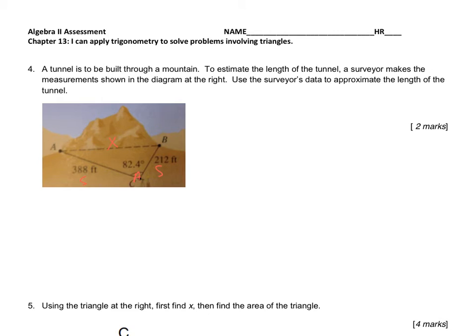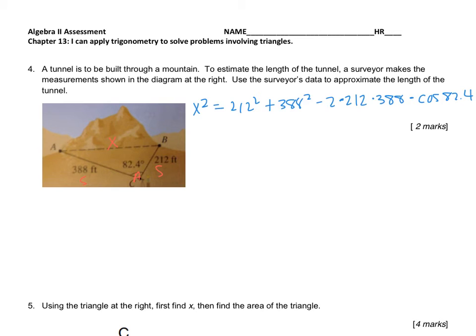So law of cosines, when we're finding a side, is that really big, long problem. So x squared, and then the other two sides, it doesn't really matter what comes first. So 212 squared plus 388 squared minus 2 times 212 times 388 times cosine of 82.4.